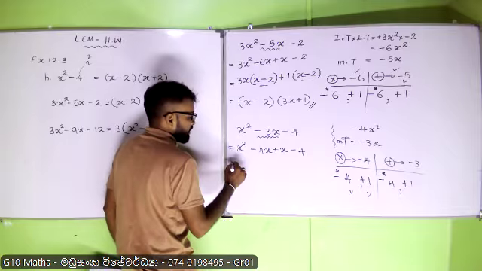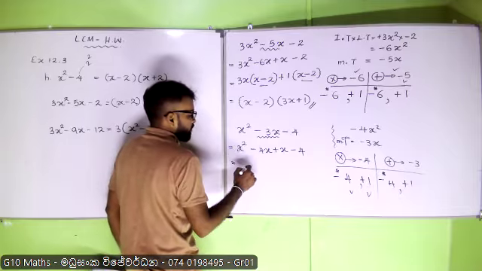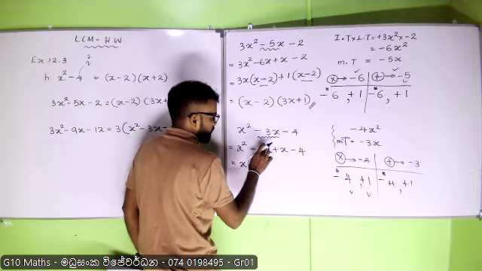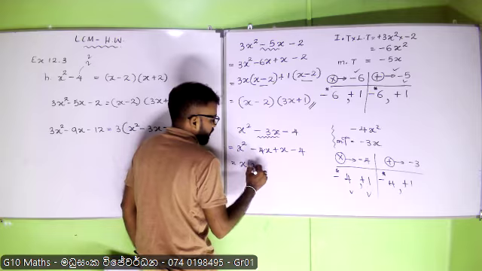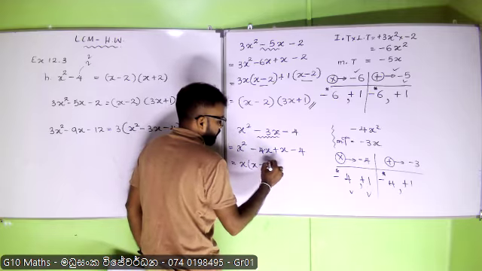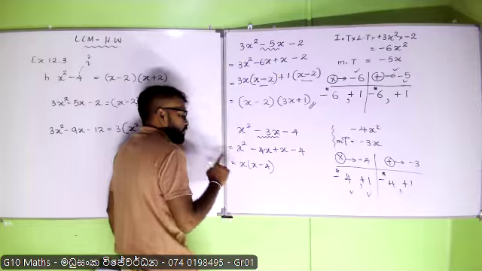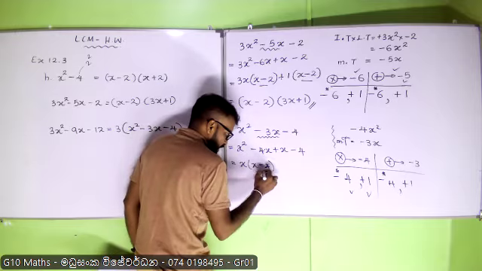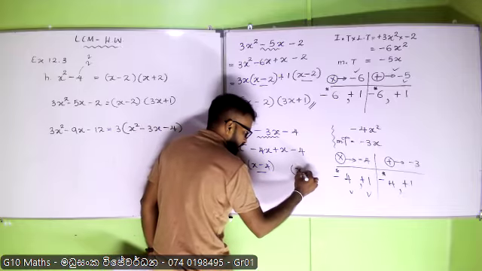What do I see? Here you have x to the power 2, so x is common for the first two terms. So write x minus 4. If you do the factorization here clearly, this x minus 4 should be here.